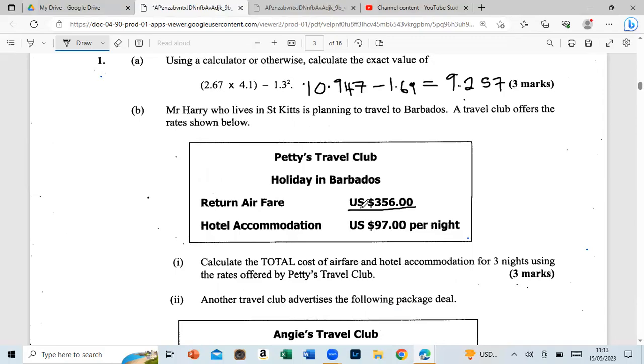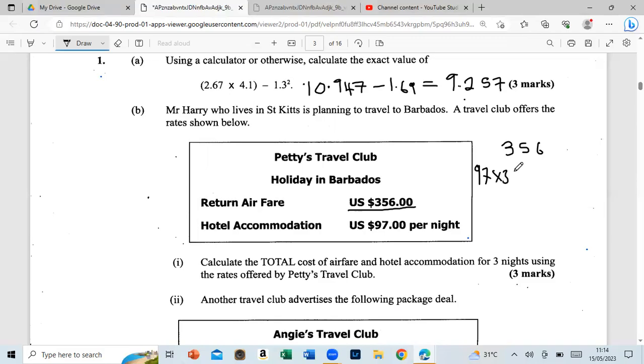So basically, I know that the return airfare is a flat rate of $356. Guys, remember you're encouraged to try. And we have $97 per night. So since it's per night, I'm going to stay for 3 nights.